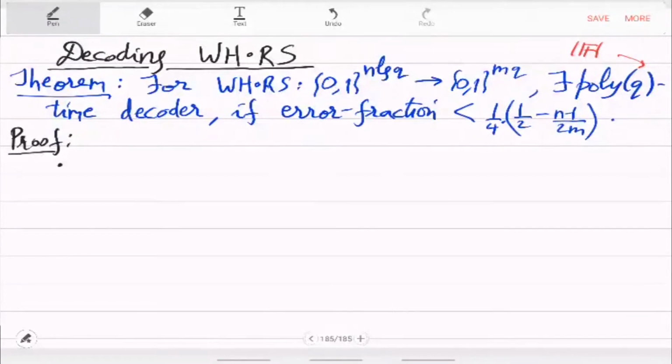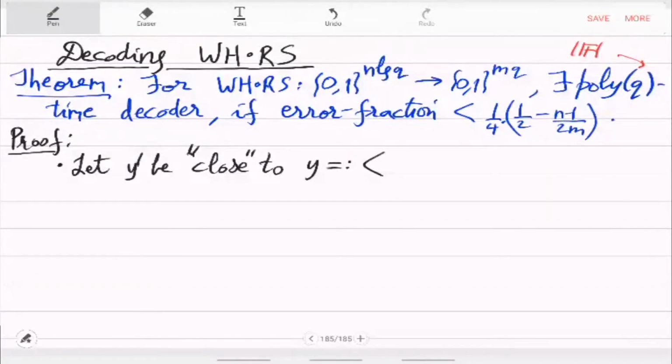So let y prime be close to y, which is a concatenated codeword, that is, Walsh-Hadamard on the Reed-Solomon symbol, the ith symbol for all i.